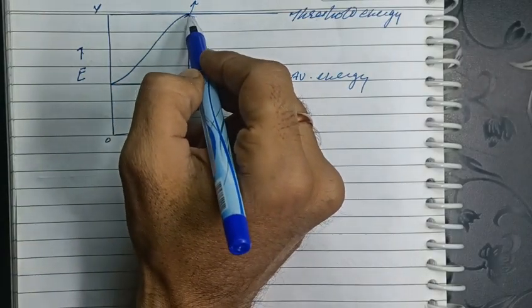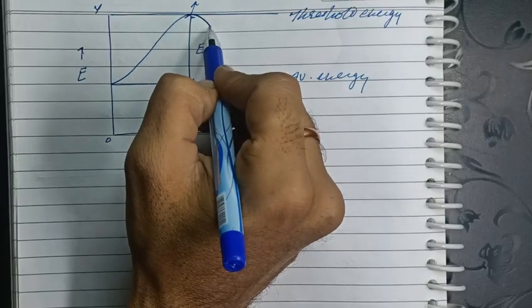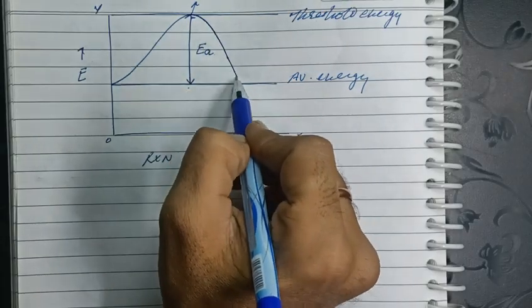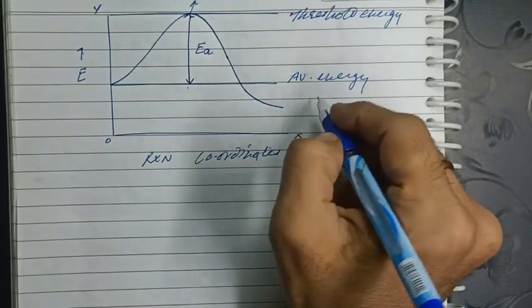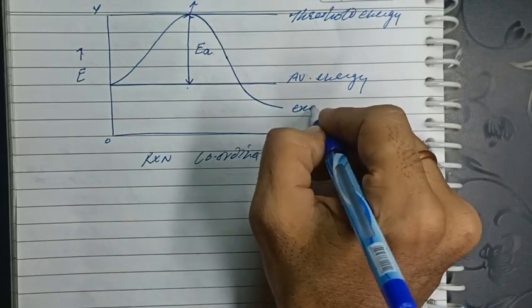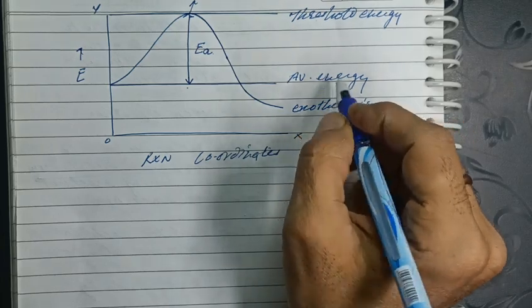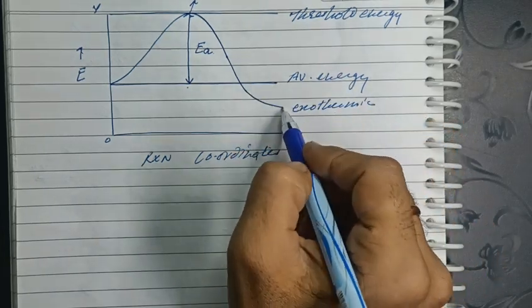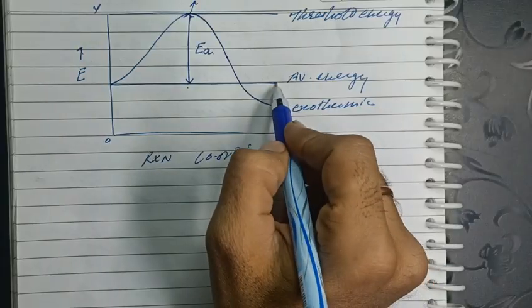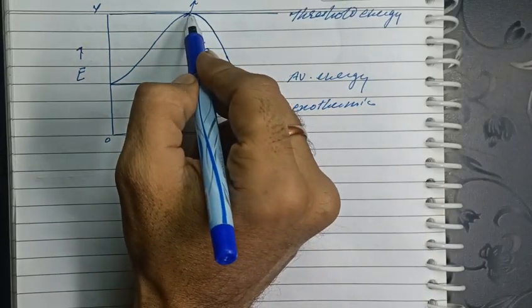And when they start forming bonds, their energy decreases. This is the graph of exothermic reaction. Exothermic, because the energy of the product is less than the energy of the reactant.